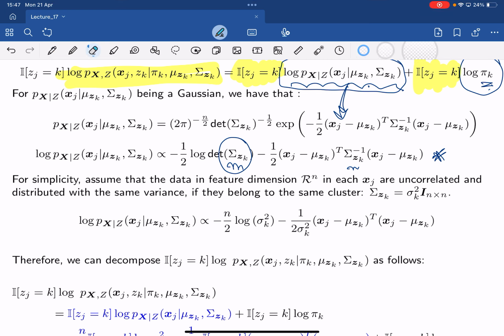But maybe the simplest one is to assume the same variance for the time being, and then you have this formulation. But notice that with sigma subscript k like this, it simply means that each cluster will have a different variance, but the samples in the same cluster will have the same variance.